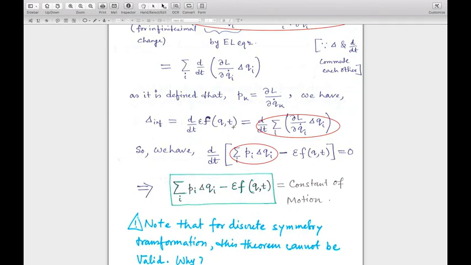Now epsilon in general is the smallness parameter, and it may or may not be a function of time. Here we are only talking about an epsilon which is not a function of time, but you can always keep epsilon as a function of time as well.